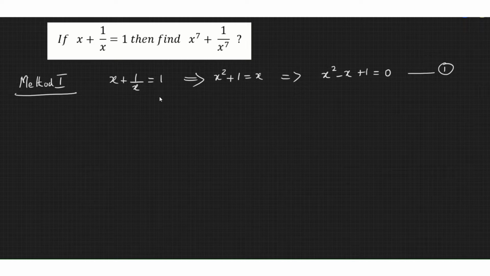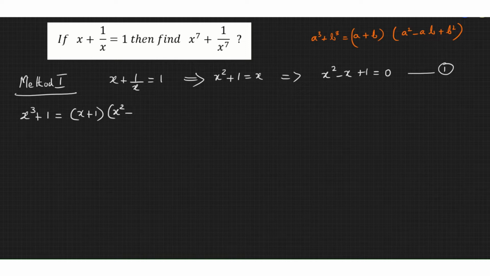I know this formula: a cubed plus b cubed is a plus b times a squared minus ab plus b squared. Now using this result, I can get the value for x cubed plus 1 cubed, which is 1, to be x plus 1 times x squared minus x into 1, which is x, plus 1 squared, which is 1.